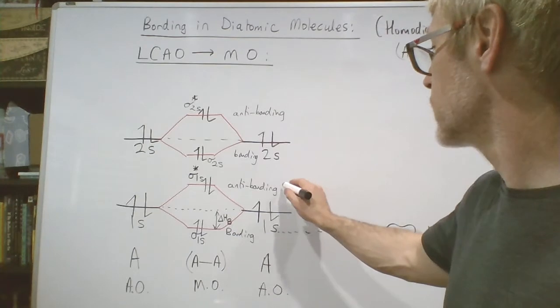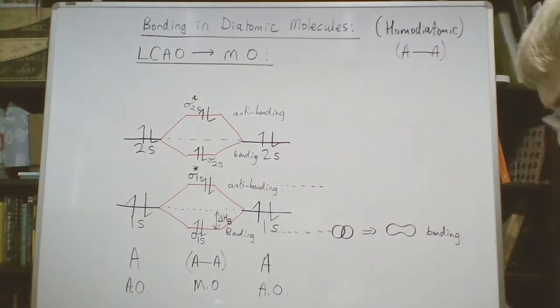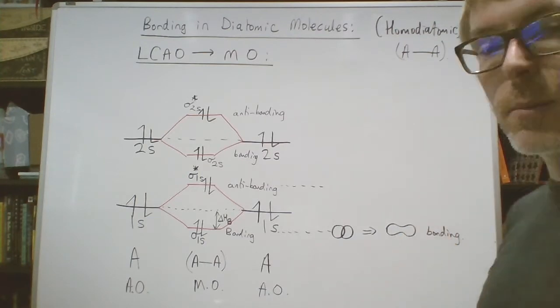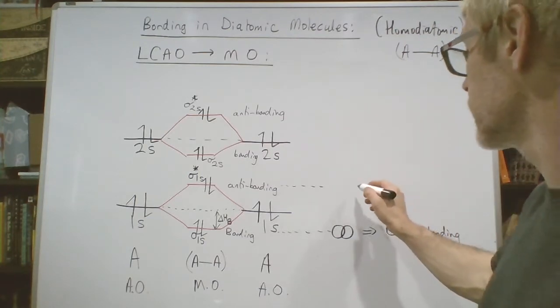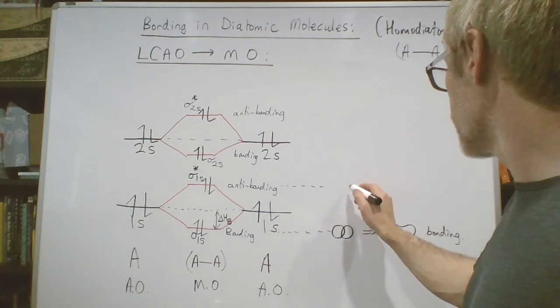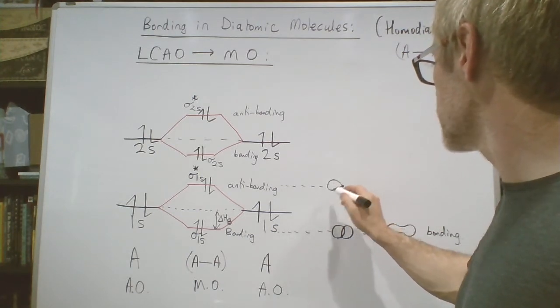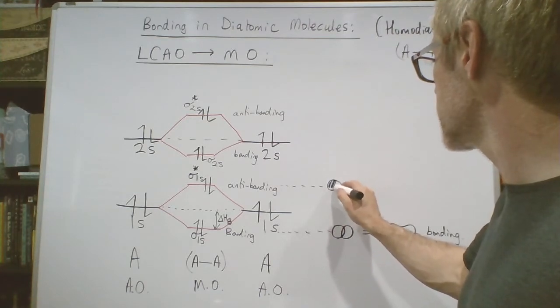The anti-bonding, remember that there's no probability of locating the electrons between the nuclei. So it almost looks like a pair drop, and I'm going to shade it in.